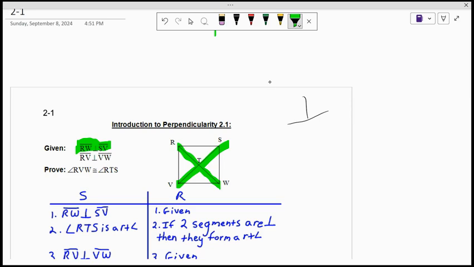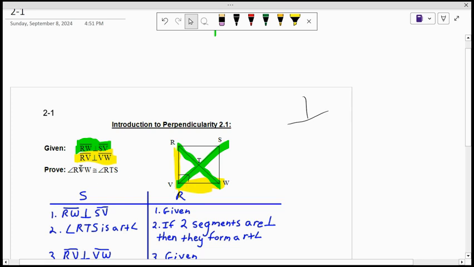Where like the second piece, RV is perpendicular to VW. RV is here. VW is here. Well, in this diagram, there's really only the one angle, right? So RVW. You're going to see in the way I write this proof that I'm going to get a right angle.